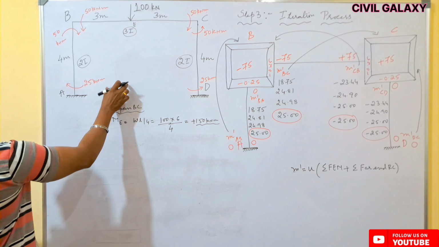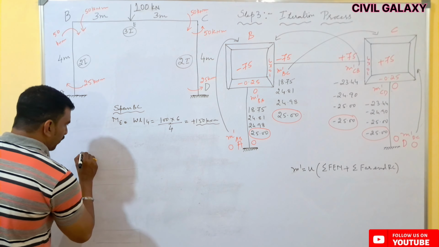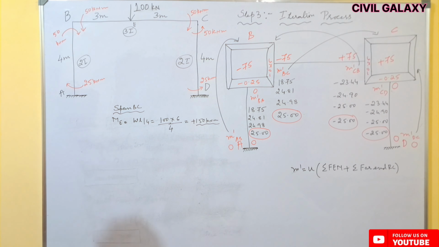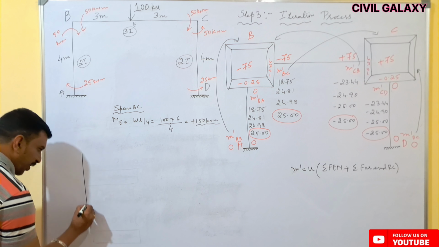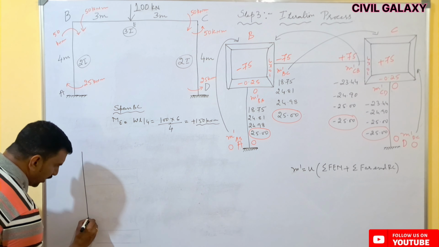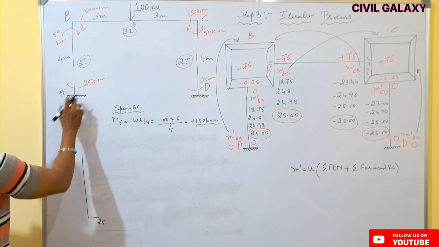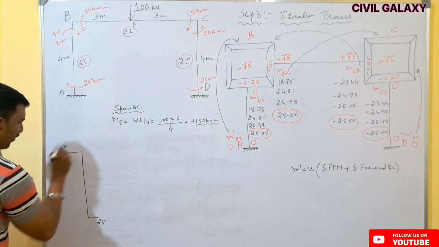Now if you want to represent it, I will draw one more diagram here, because we have to consider each member separately to represent the shear force diagram. For member A to B, here we have 25, and here it is 50.